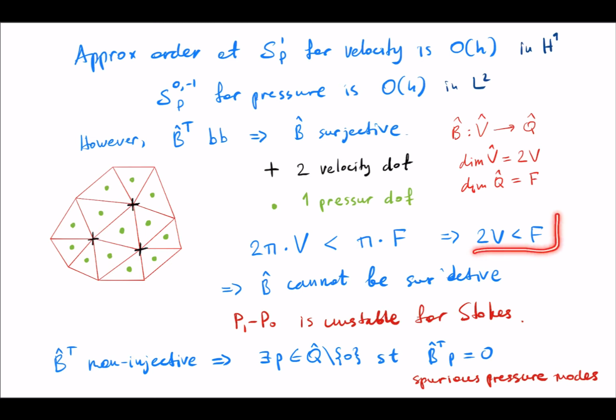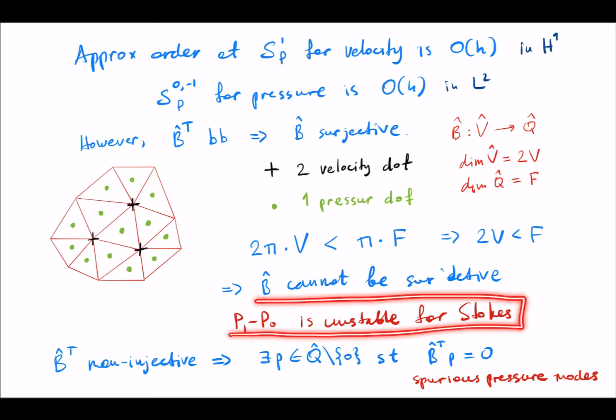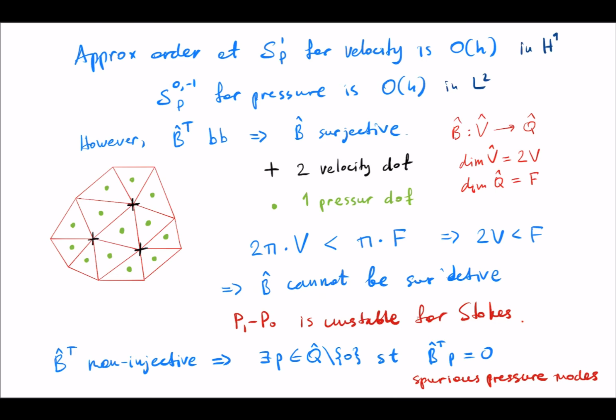You see that this condition tells you we can't have surjectivity because the pressure space is too big. So it's not surjective, and the P1-P0 element is unstable for the Stokes problem.